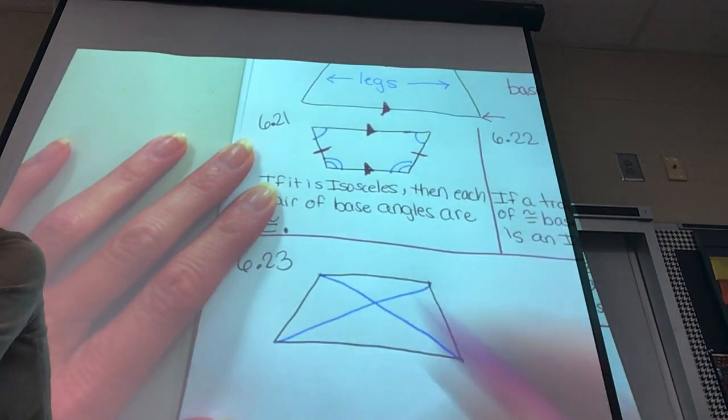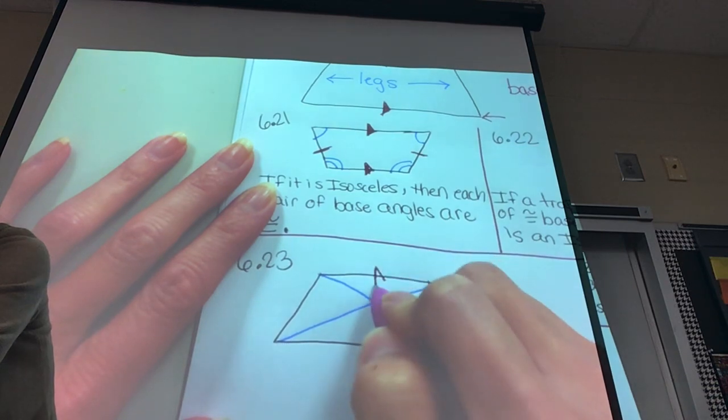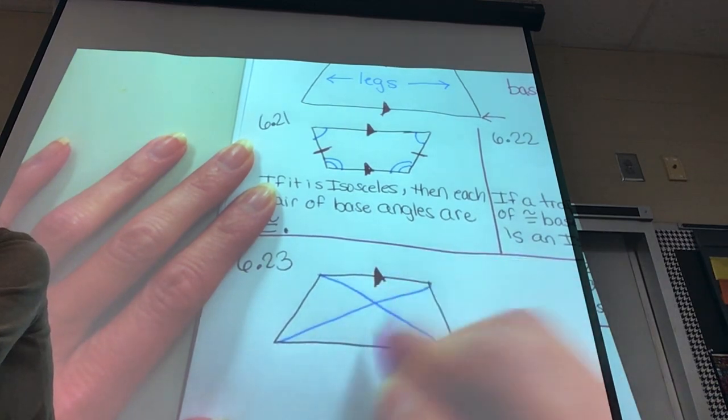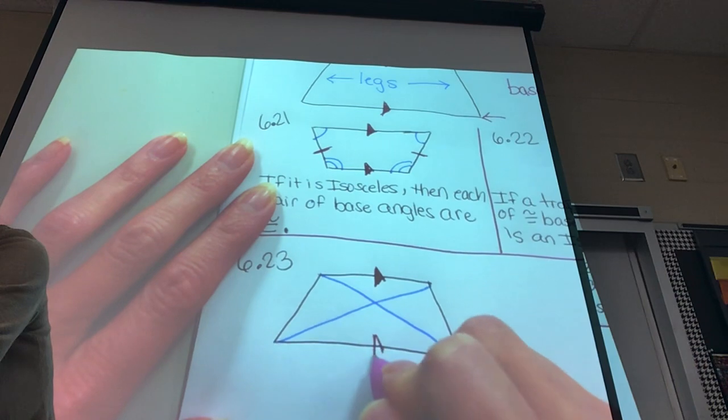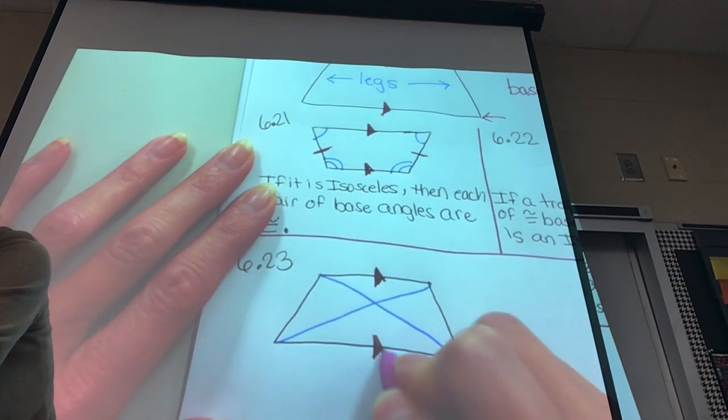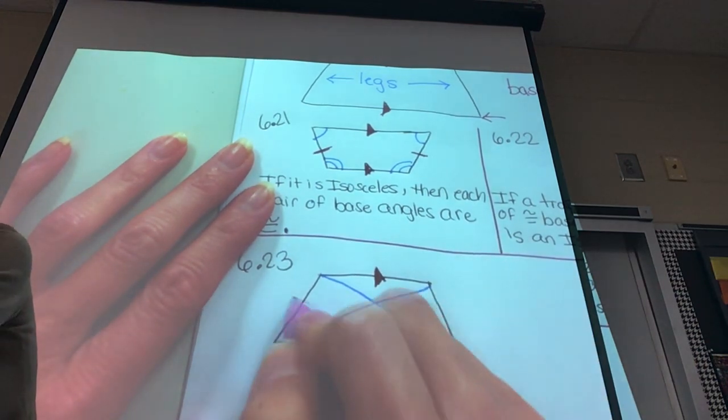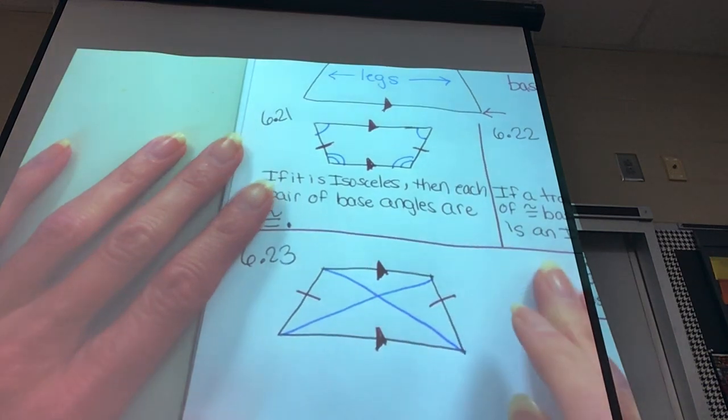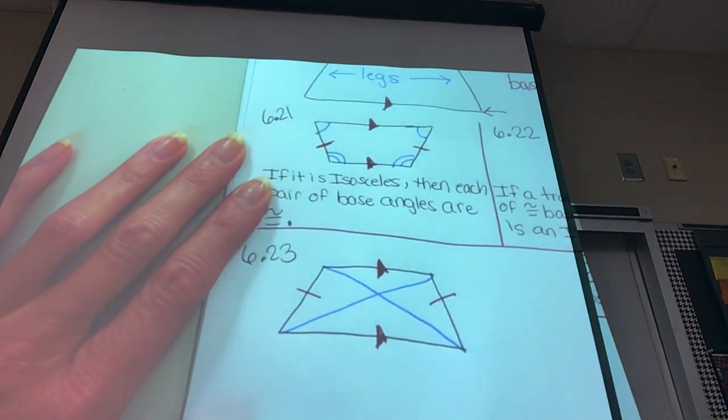Okay, so we know we've got our parallel lines. We know that we've got our diagonals. We know that we've got our congruent sides. Now, what did it say?